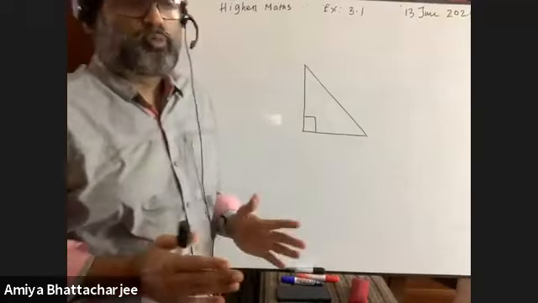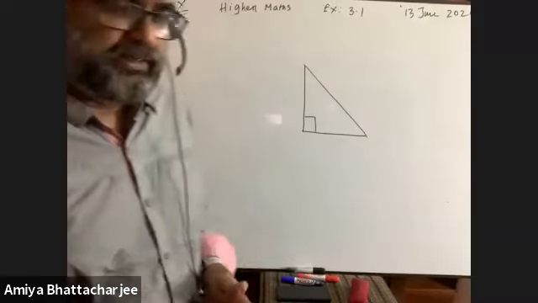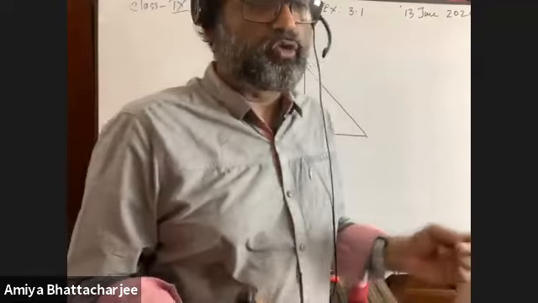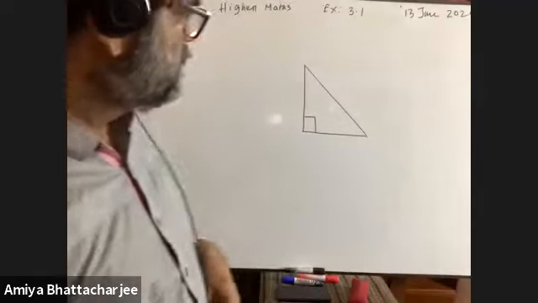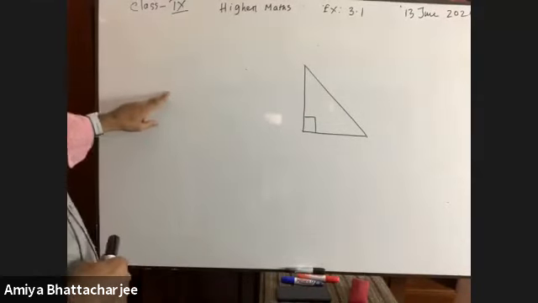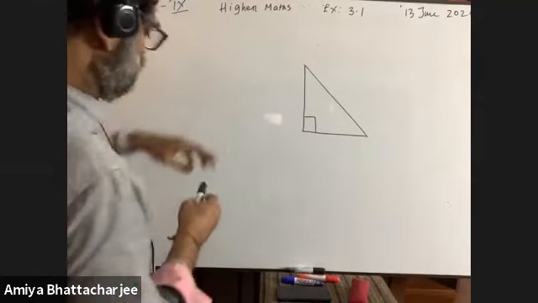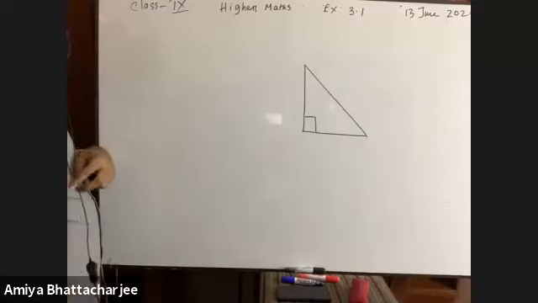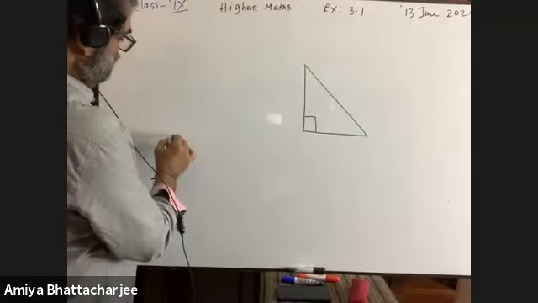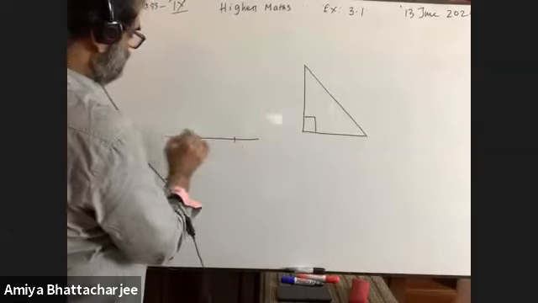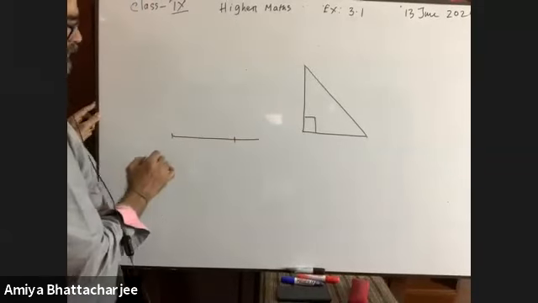The length of one side of a square is given. You had to construct a square, right? Suppose this is the length of one side of a square is given.